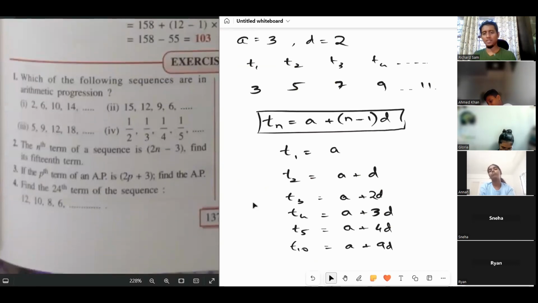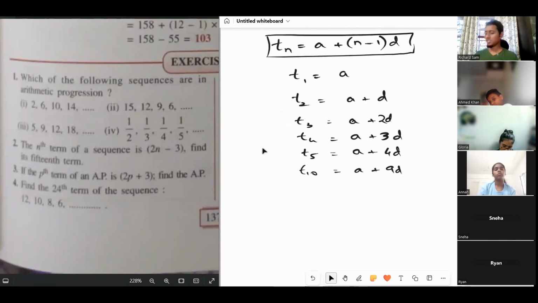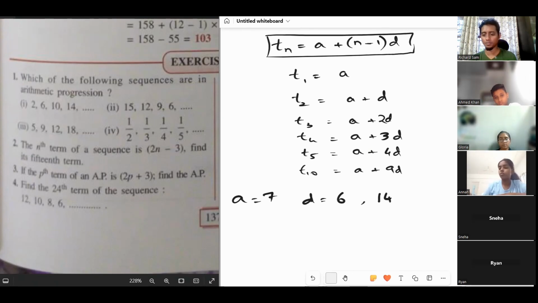Okay, I'll give you A and d now. You have to find a certain term. Okay, so say A is equal to 7 and d is equal to 6. Tell me what is the 14th term.